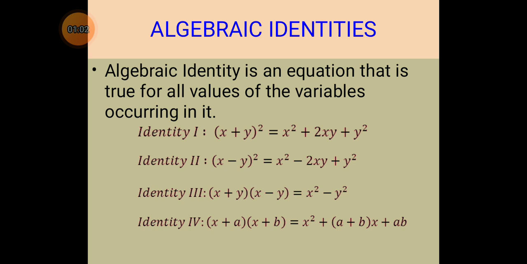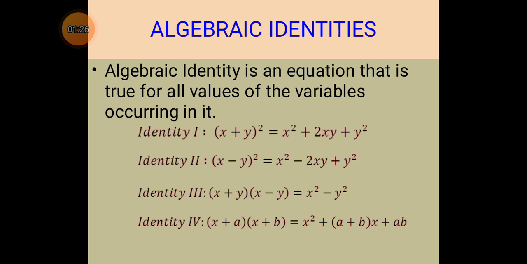For even a single value, if it does not satisfy, we don't call it an identity. Thus, identity is an equation which satisfies every value. Satisfies means after substituting, we will get LHS is equal to RHS.